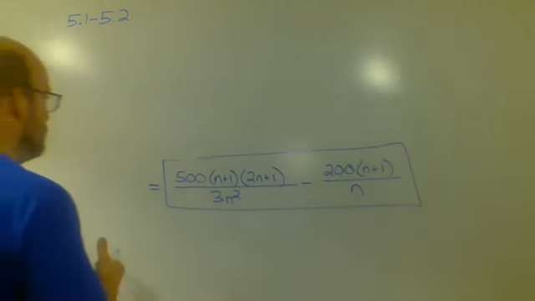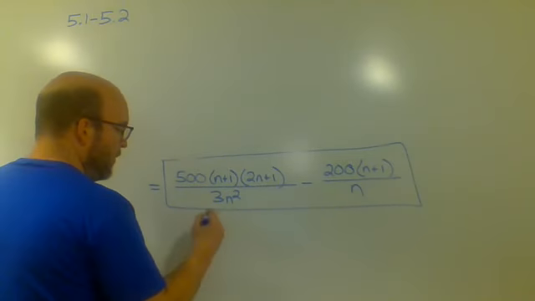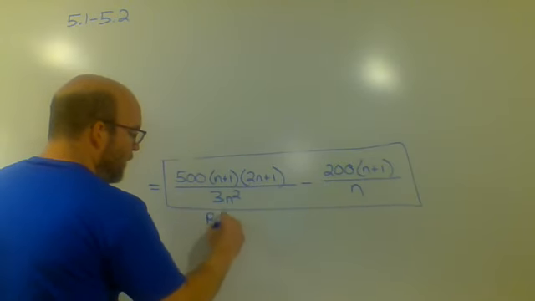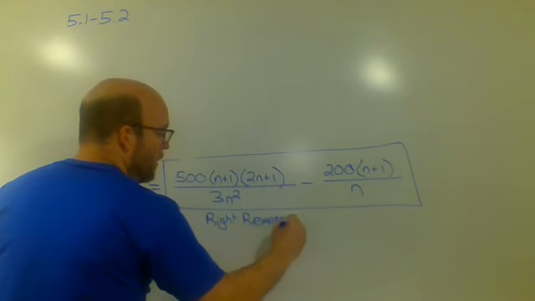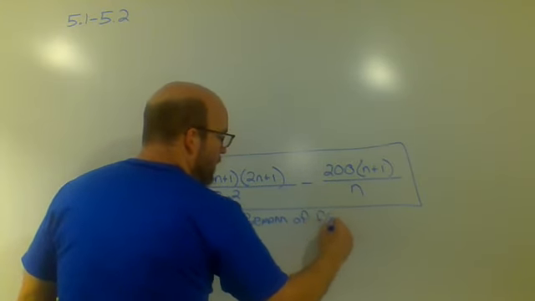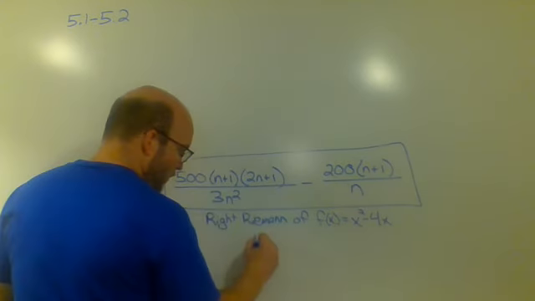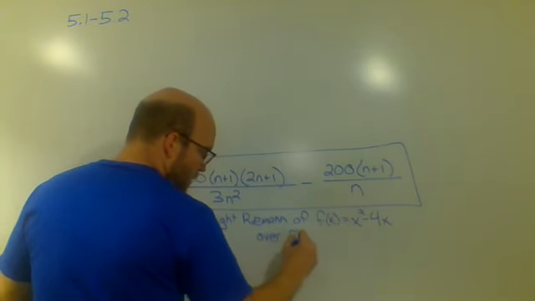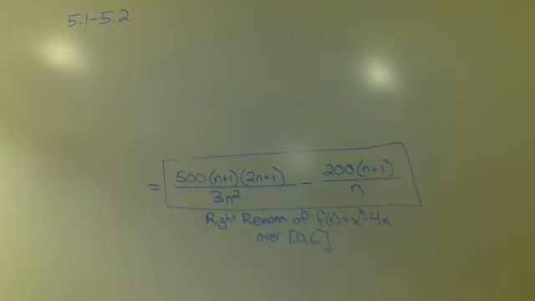But now let's be aware that I should maybe label this. So this is your right Riemann sum of f of x equals x squared minus 4x over the interval from 0 to 6. And that's what we just had.